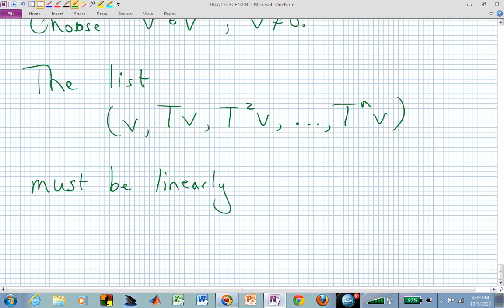And now I have to just sort of count what I have, or keep track of what I have. How big did I say capital V was as a vector space, as a complex vector space? I said its dimension was Nebraska, right? N.